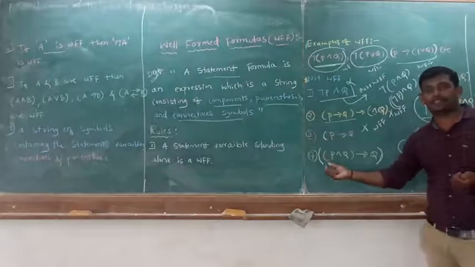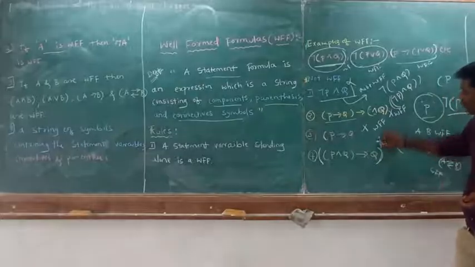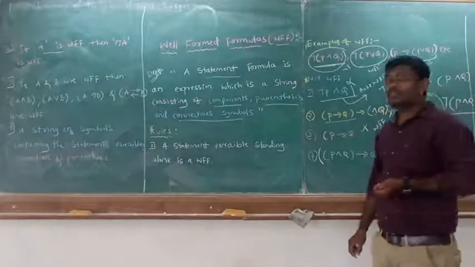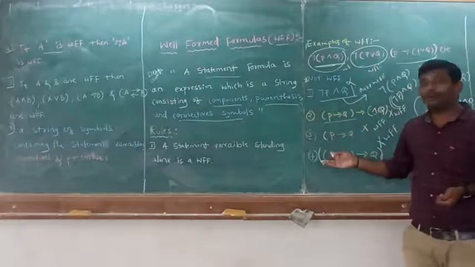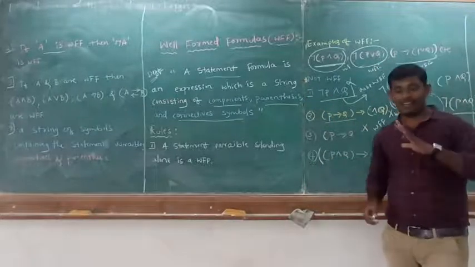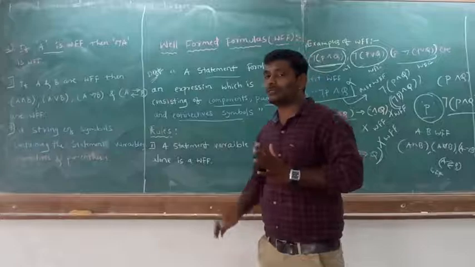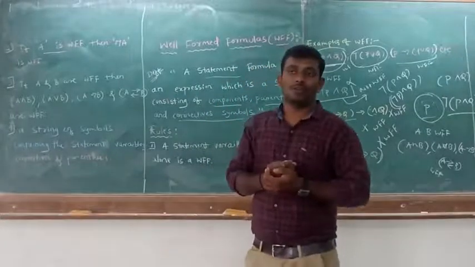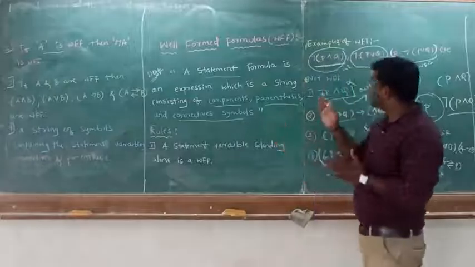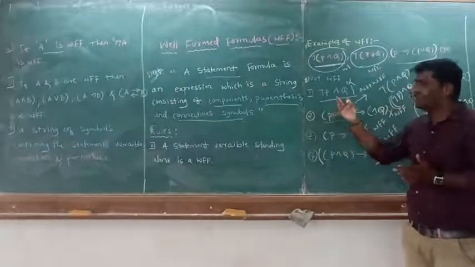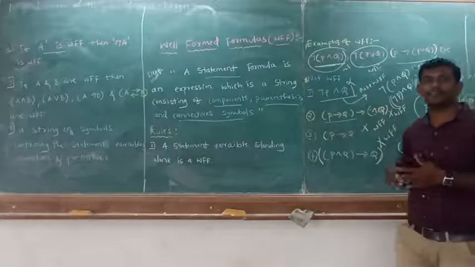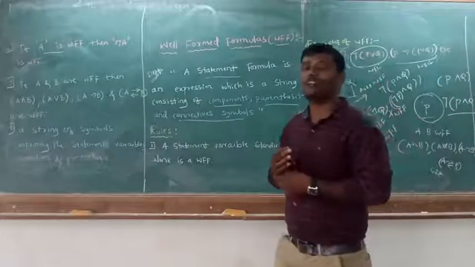So these examples are not well formed formulas. A well formed formula is one sufficient to construct a truth table: all the necessary brackets, connective symbols and primary statements have to be there.